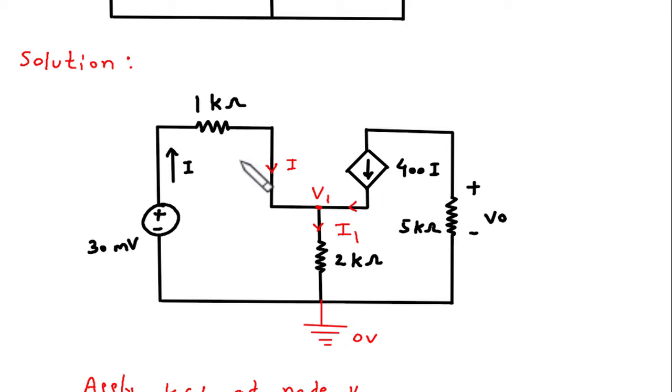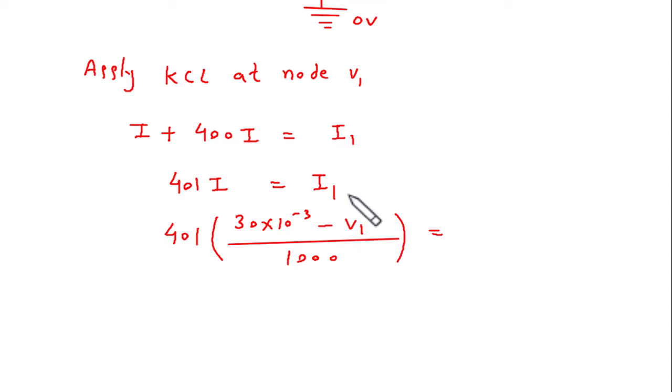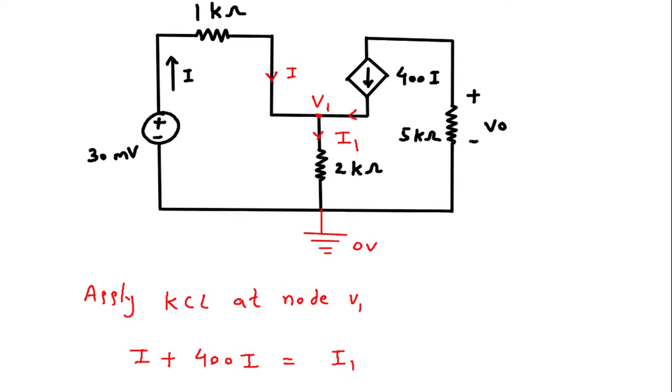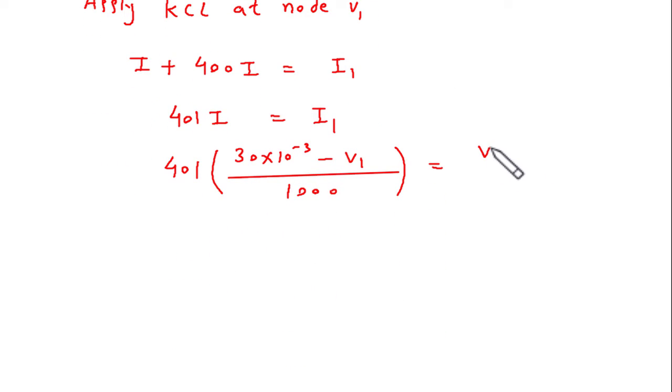Now this I is (30 millivolt minus V1) by 1000, that is, 30 into 10 raised to minus 3 minus V1 by 1000. I1 is equal to (V1 minus 0) by 2000.